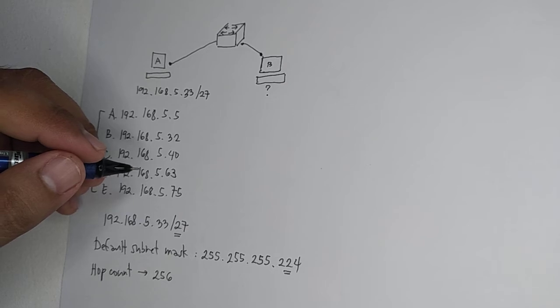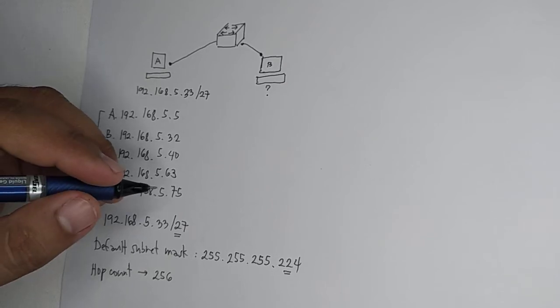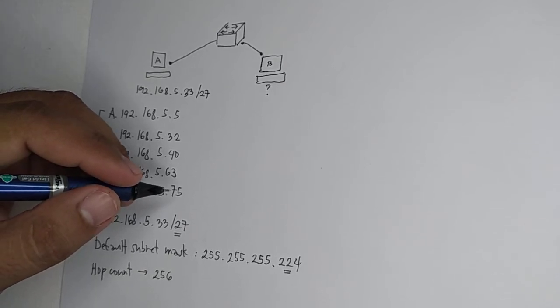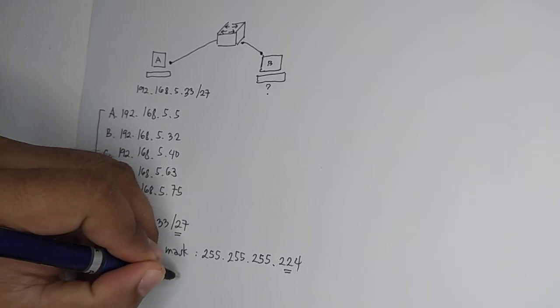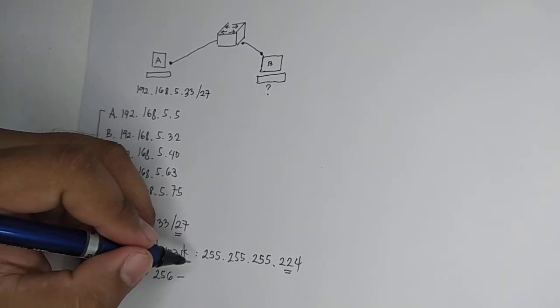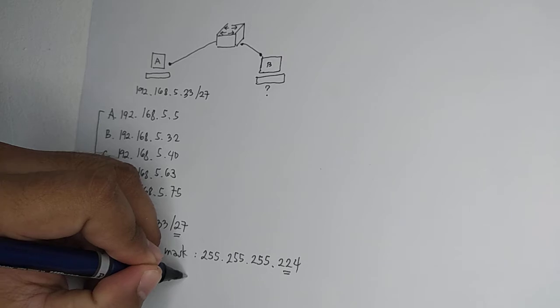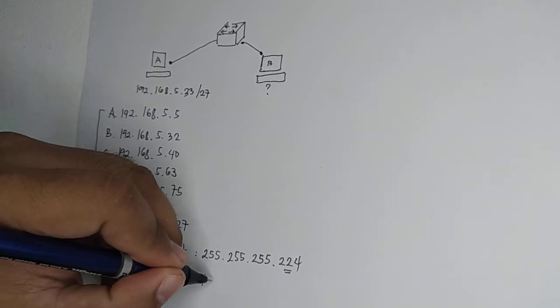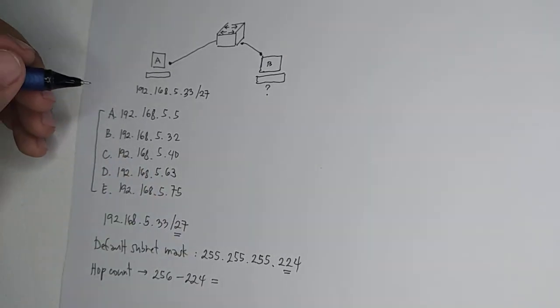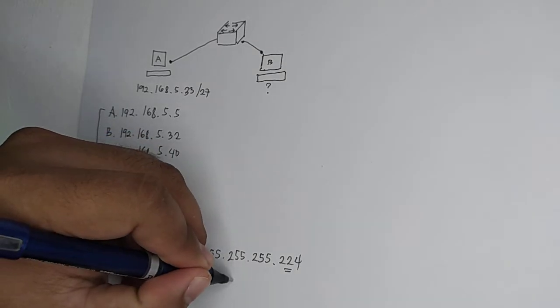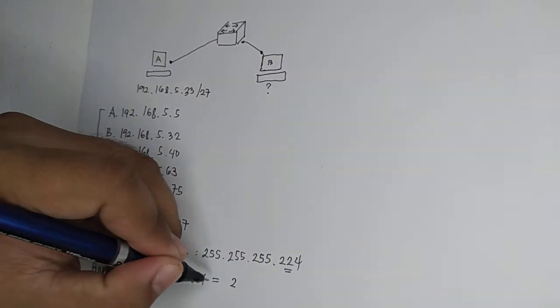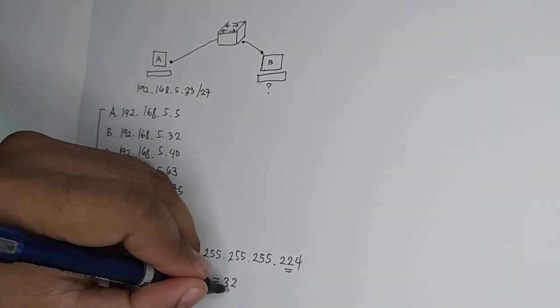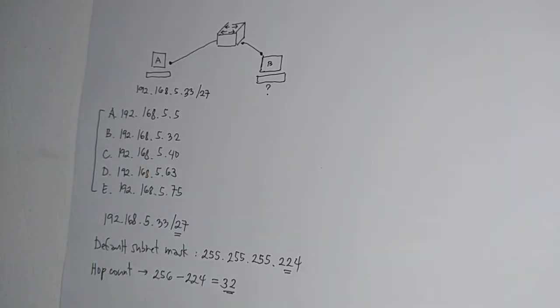These could be assigned to different computers, or to a network address, or to any address. So we deduct our interesting octet, 224, from 256. What is the result? We have 32, so our hop count is 32.